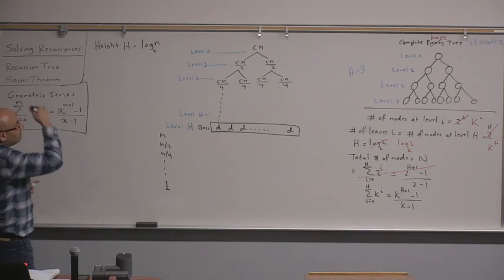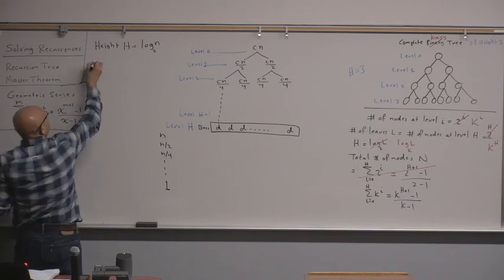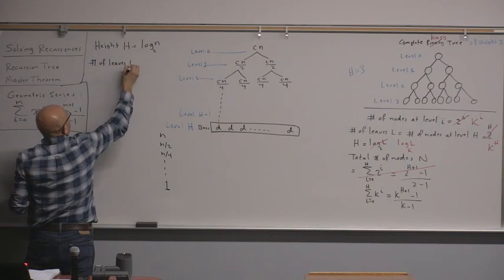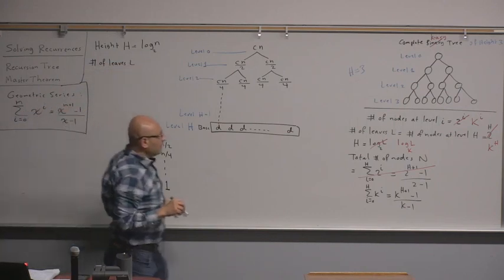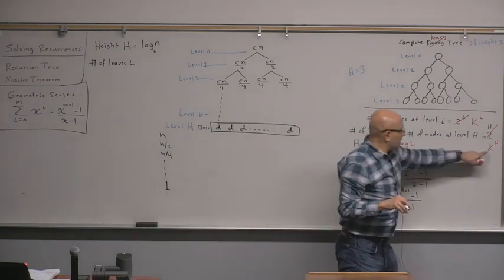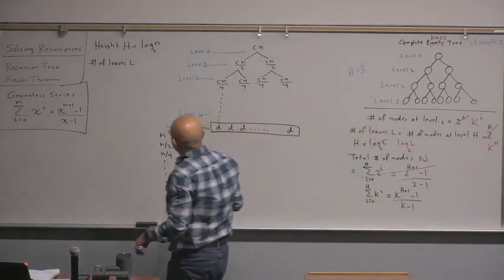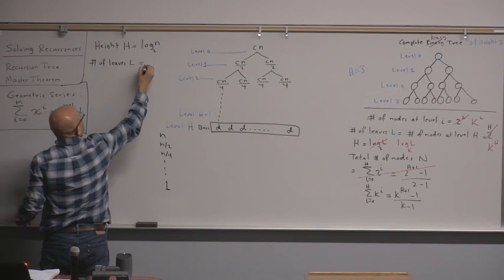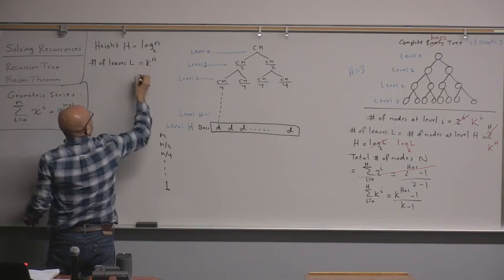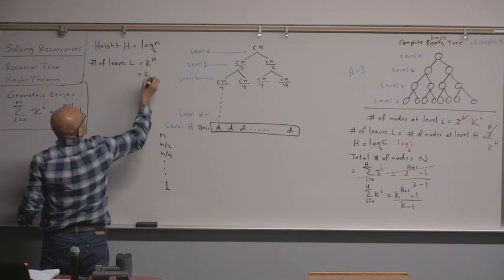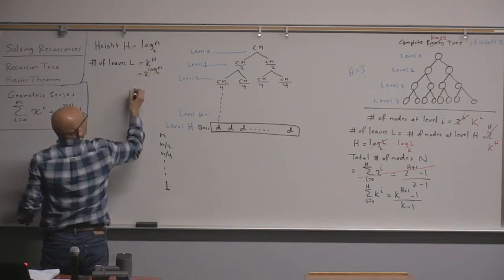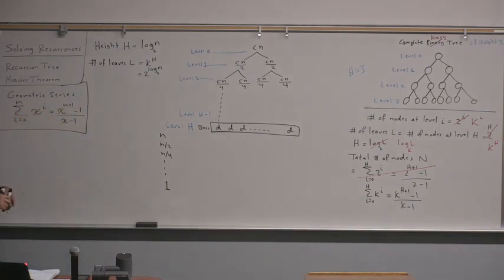Then we calculate the number of leaves, L. The number of leaves is going to be k power h. So what is k power h? K is 2 and h is log n base 2.